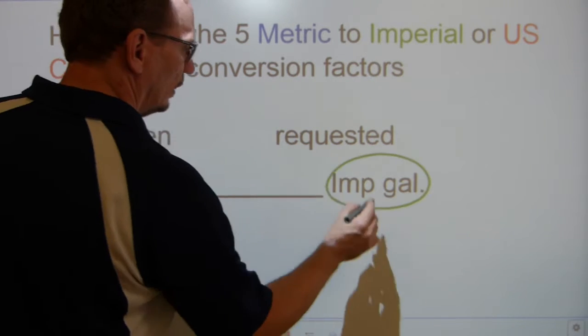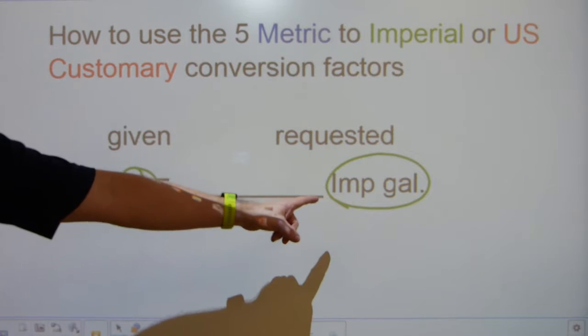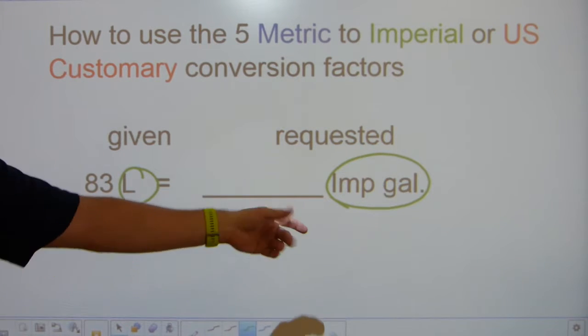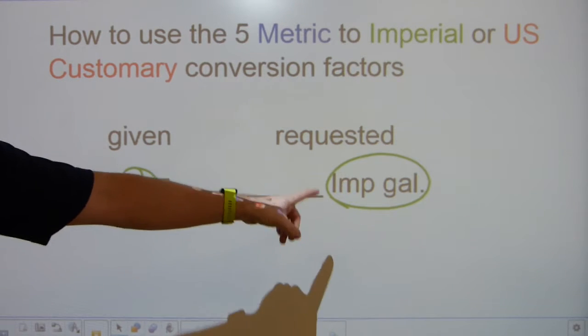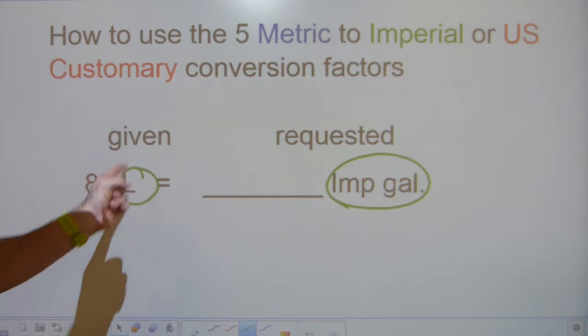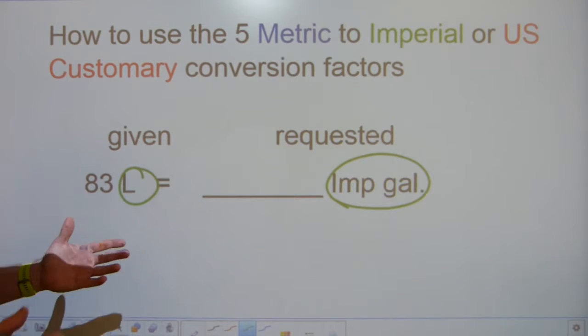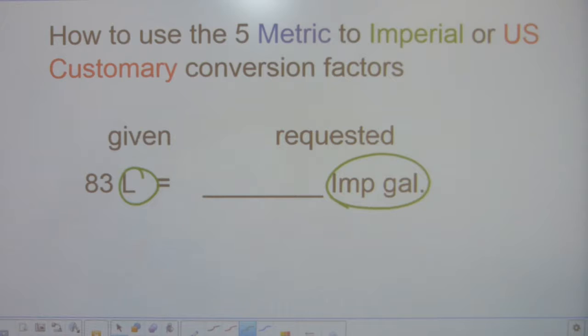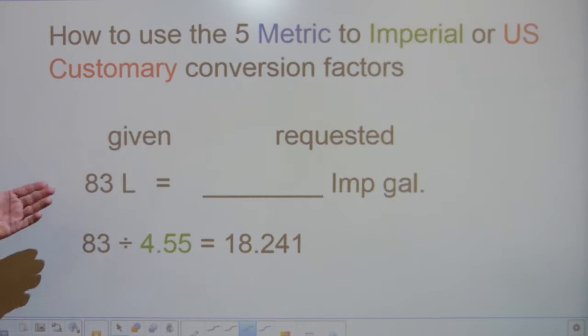Because the sense of the original conversion factor is to convert from gallons to liters, and now we're doing it backwards, 4.55 will be used in division. That's why this is what you enter on your calculator, press equal, and you'll see that number.